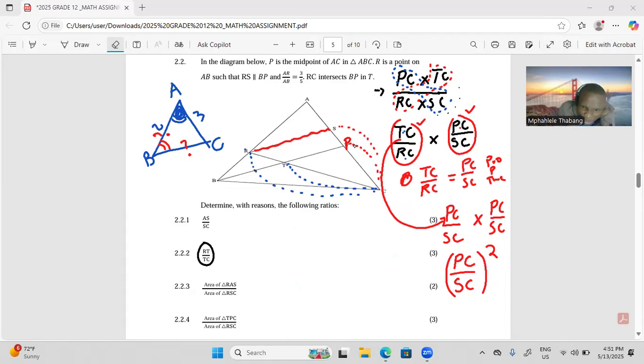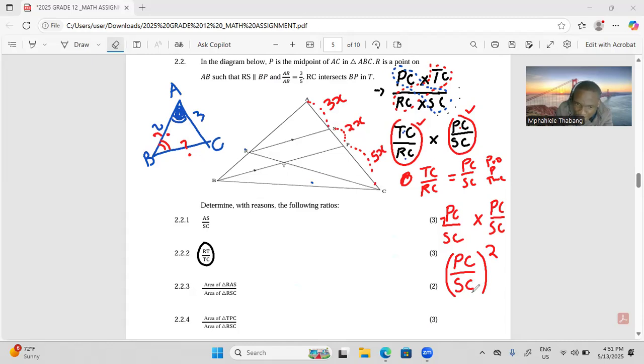So now, what do I know about this PC over SC? It's just that we use our values. AS, we had set as 3x, and SP, we had said can be represented by 2x, and PC, we said can be represented by 5x. So PC is 5x.